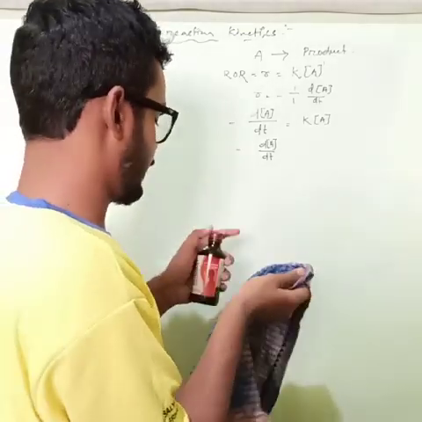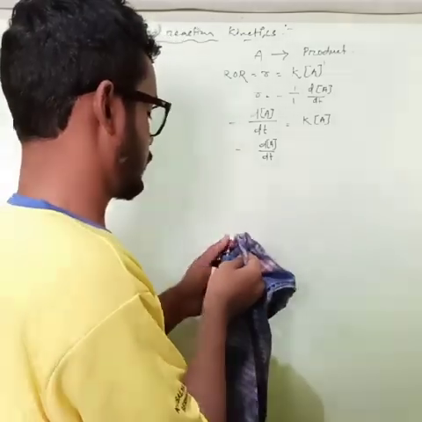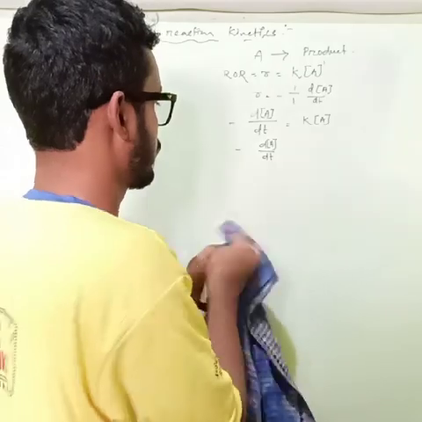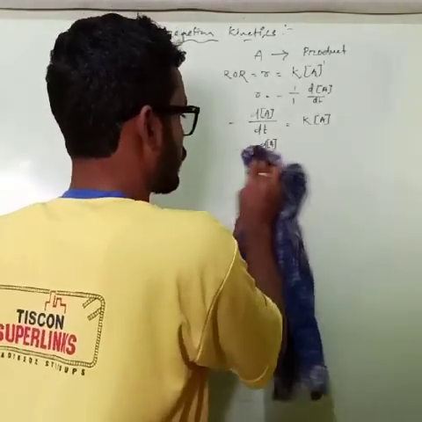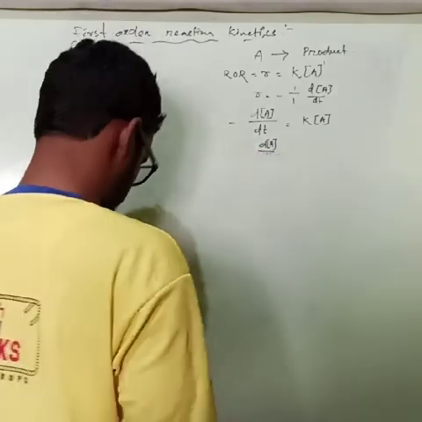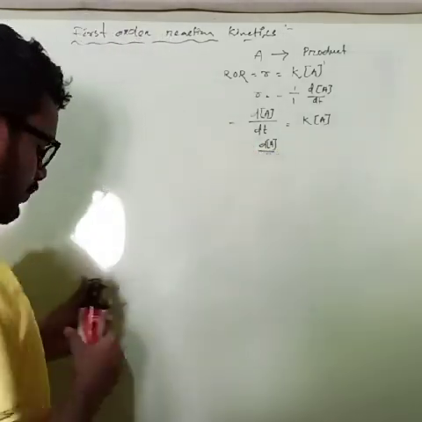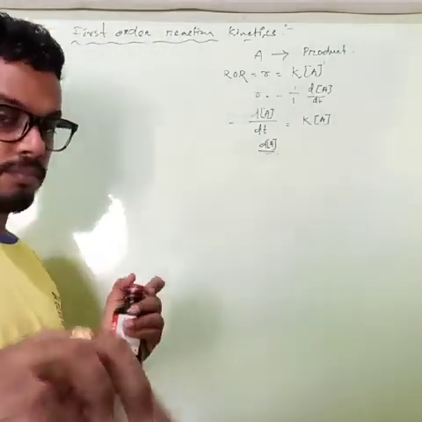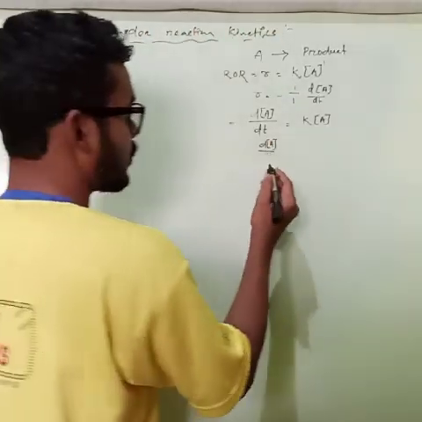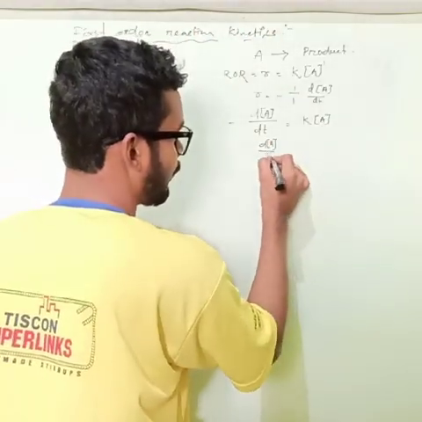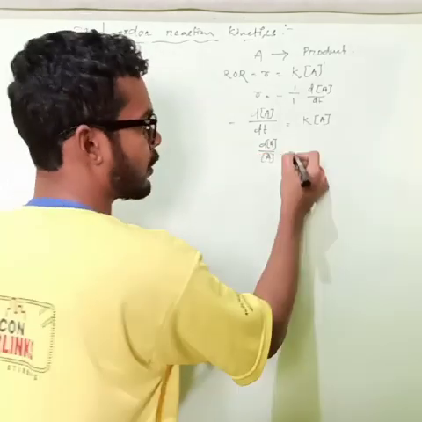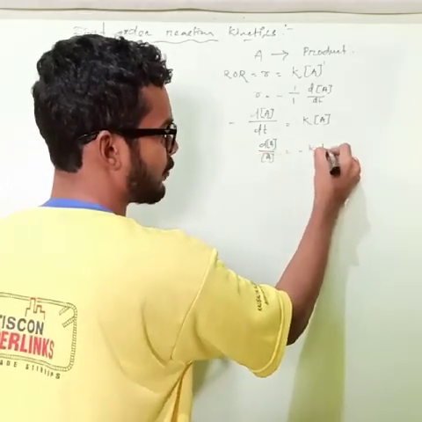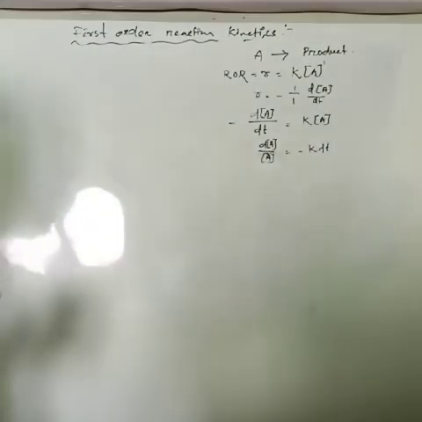dA by A equals minus K dt. This I can write.